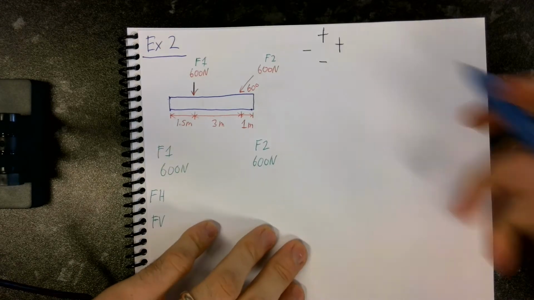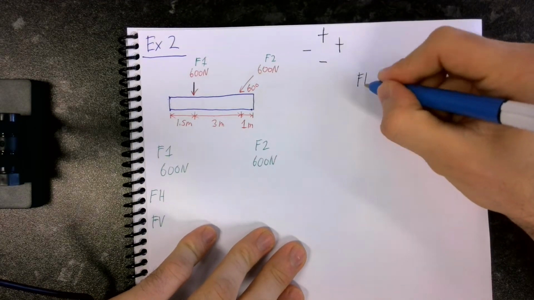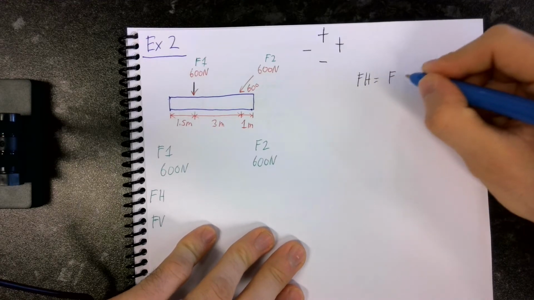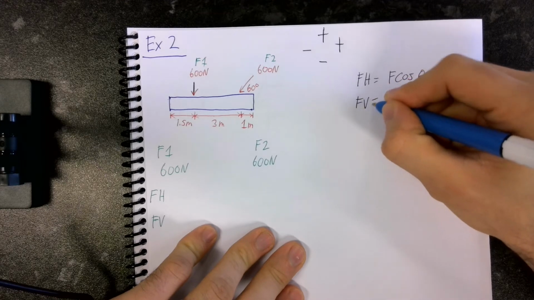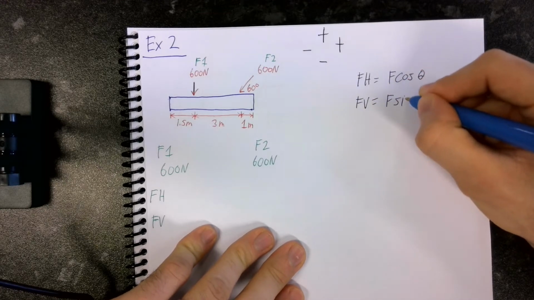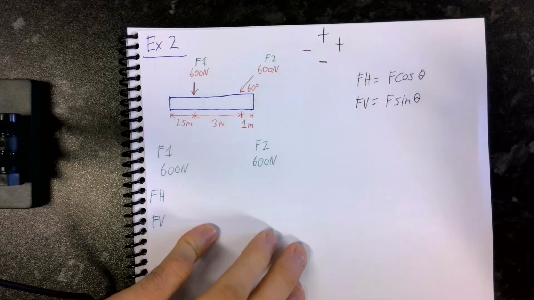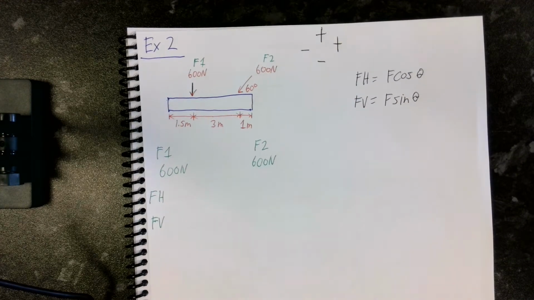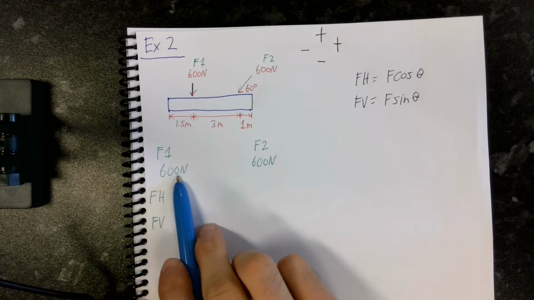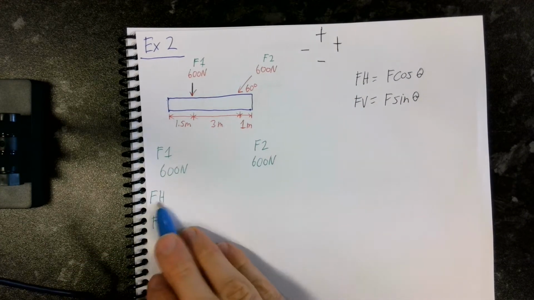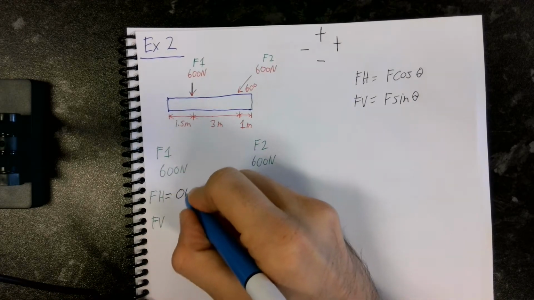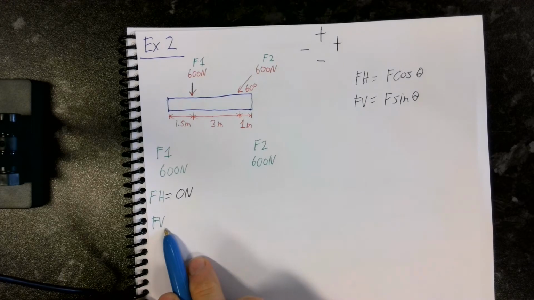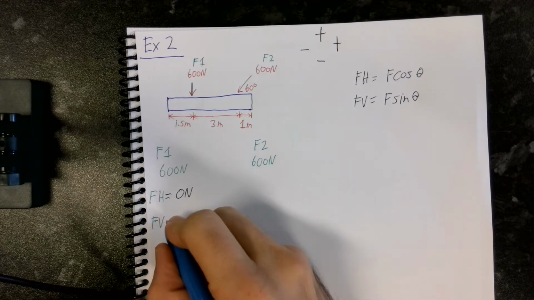Now, formulas for that. Force horizontal is equal to force cos angle. Force vertical is force sine angle. Okay, so let's have a little go. 600 newtons, our first force, horizontal. It doesn't have one, so that's 0 newtons. Vertical, does it have a vertical?